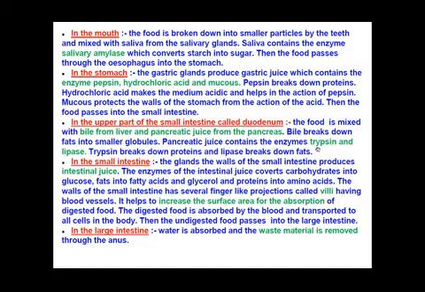You have to learn their function, which enzyme is produced in which part of the digestive system, and what is the function of each of those enzymes or any other material which helps in the digestion of the food. This whole slide is very important from the board point of view. So please study it deeply and try to understand it properly.